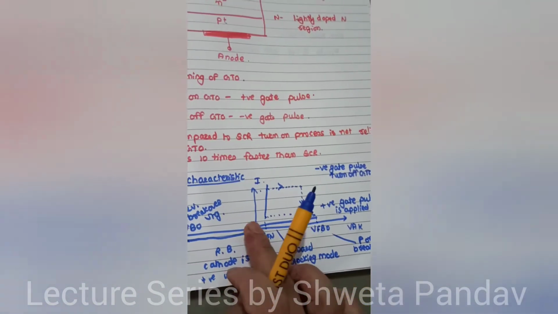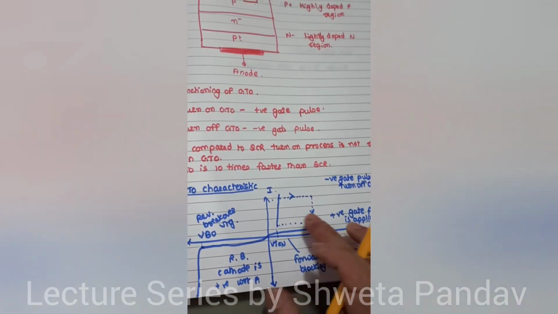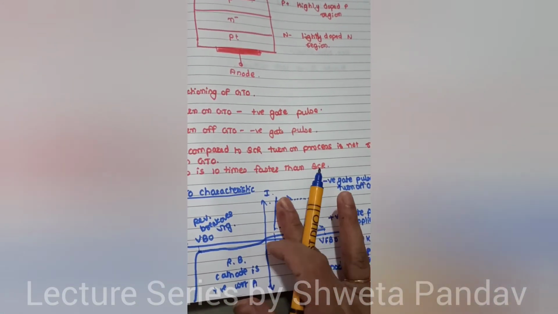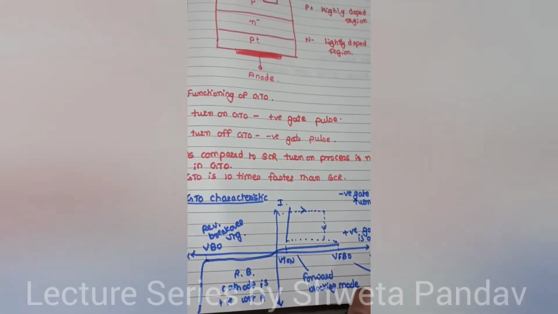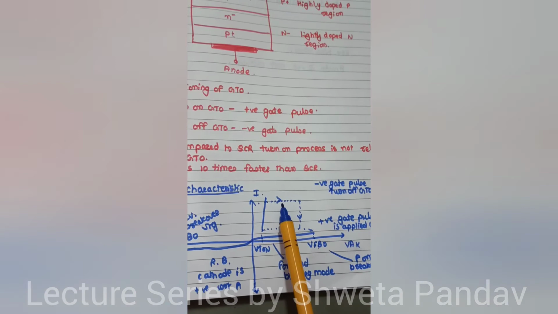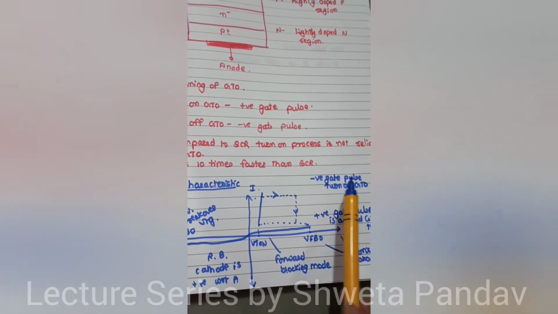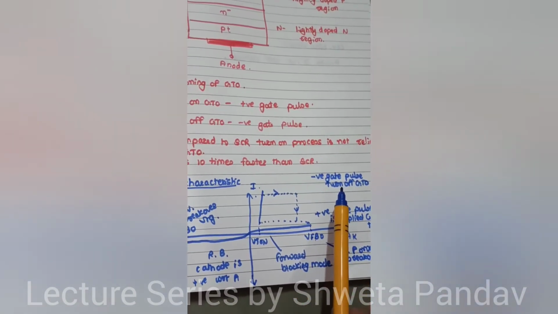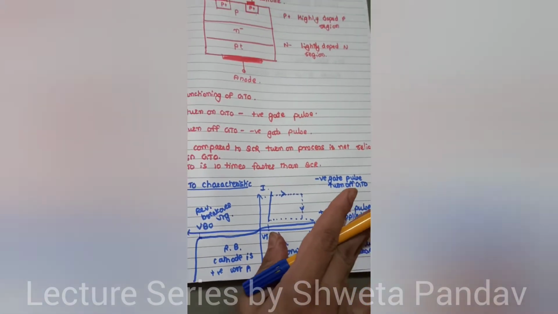Up to the reverse characteristic, and in the positive characteristic from here to here, the SCR and GTO characteristics remain the same. Only the GTO can be turned off with the help of a negative gate pulse, and this facility is not available in a normal SCR.